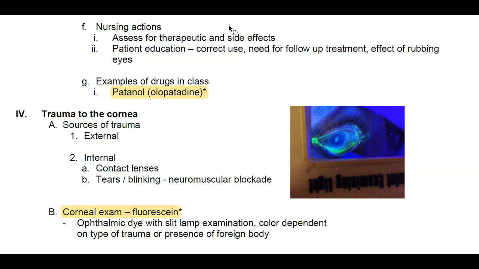So a slit lamp is basically a specialized lighting wherein the fluorescein can be seen, like this one right here, like a fluorescent color. And so depending on the color and the areas where it lights up, then it can help the provider determine the presence of trauma or possible foreign body in the eye. So this is an example of that. And so again, that ophthalmic dye is called fluorescein.